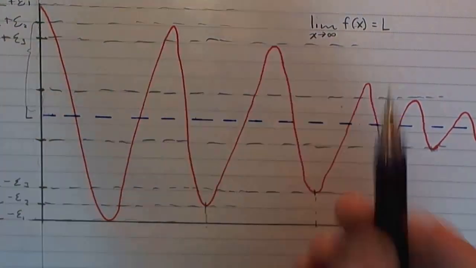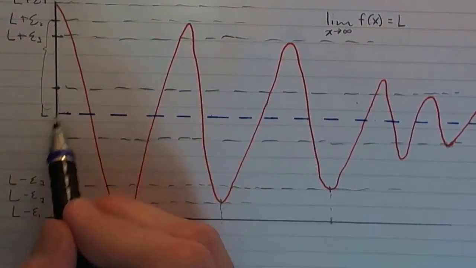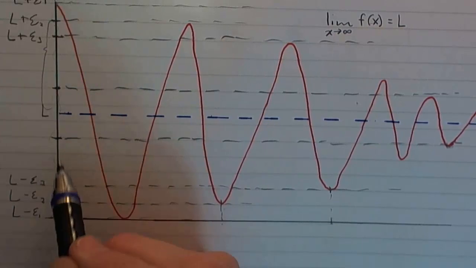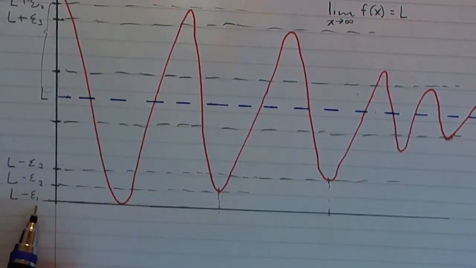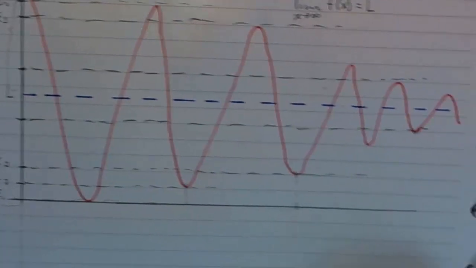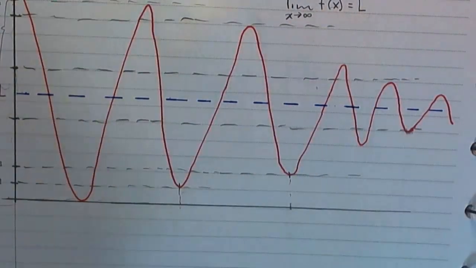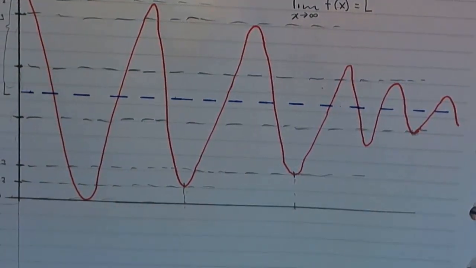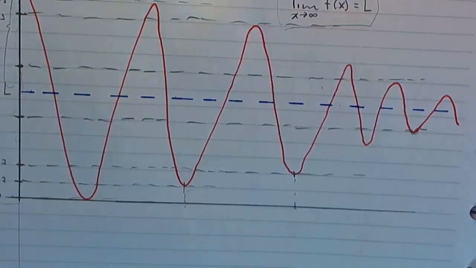Well, what this limit means is, for every epsilon I choose, no matter how wee the epsilon is, no matter how small it is, if I go out far enough, I can find an x value so that from that point on, the entire function is contained within those two horizontal lines. That's what this limit means right there.